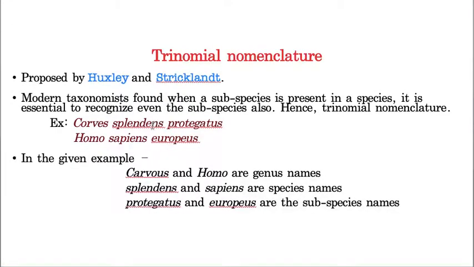But if you want to write its subspecies name also, it is protegatus. In the given examples, Corvus and Homo are the genus names, splendens and sapiens are the species names, and protegatus and europaeus are the subspecies names. Like that, if you add a subspecies name to binomial nomenclature, that is called trinomial nomenclature.